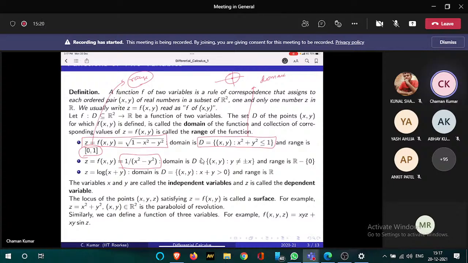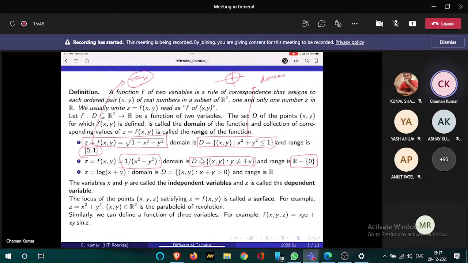So this case should not be in the domain of the function. We say that the domain is all values of x and y such that y is not equal to plus or minus x. And the range of this function will be all real numbers except 0, because this function will never take the value 0.